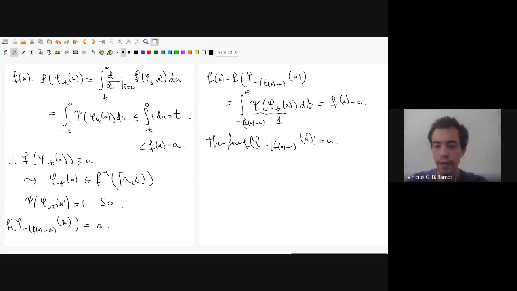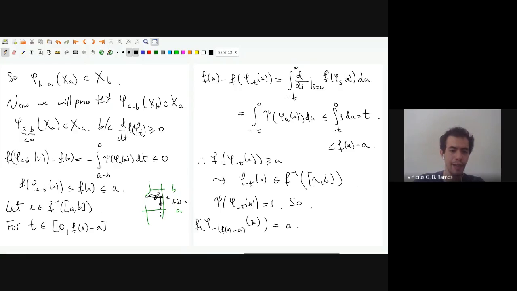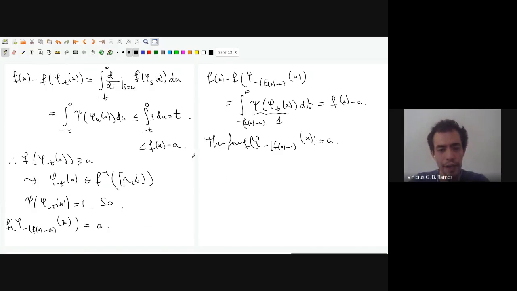Okay? So this is exactly what I was explaining with this picture. If I start at a level f of x, so x goes to f of x, and I flow backwards with time f of x minus a, then I arrive exactly at a. Okay? So now, if I flow with time minus b minus a of x, this is the same as flowing with time minus b minus f of x, and then composing with flowing with time minus f of x minus a.